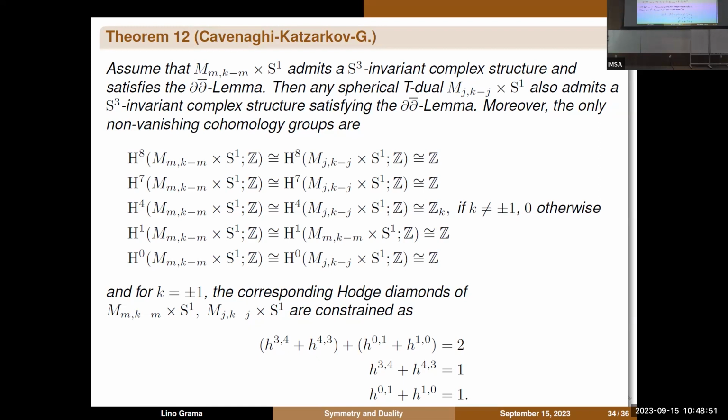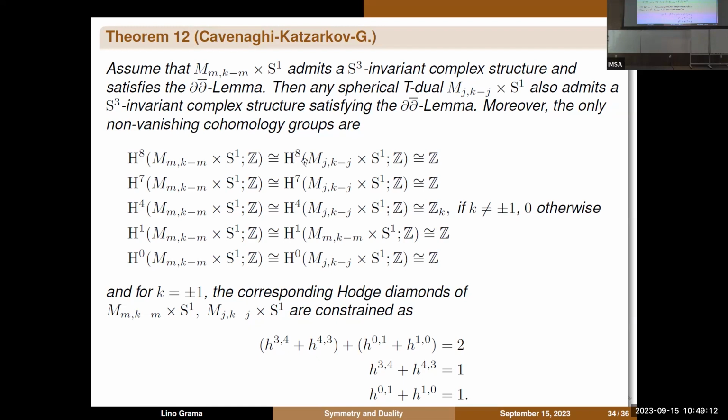And then we can compute this, at least in this example, the odd numbers and for the complex structure in the usual Hopf and the dual Hopf, not mirror.